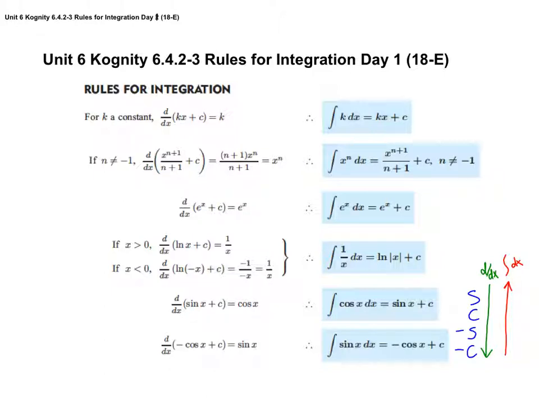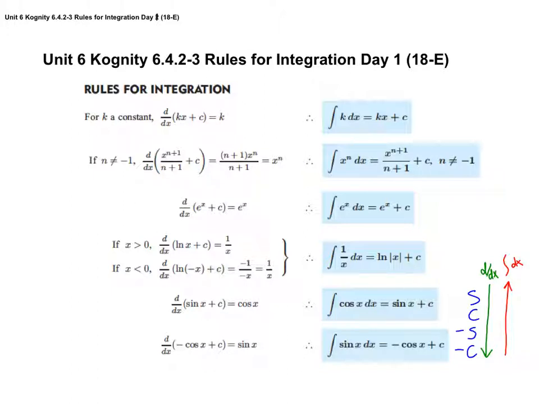It seems like a lot of rules, partly because they're showing you where these rules come from. Notice on the left-hand side, they're doing derivatives. Therefore, on the right-hand side, we have this rule for integration, okay? So since the derivative of a linear function is a constant, the integral of a constant is kx plus c, a linear function.